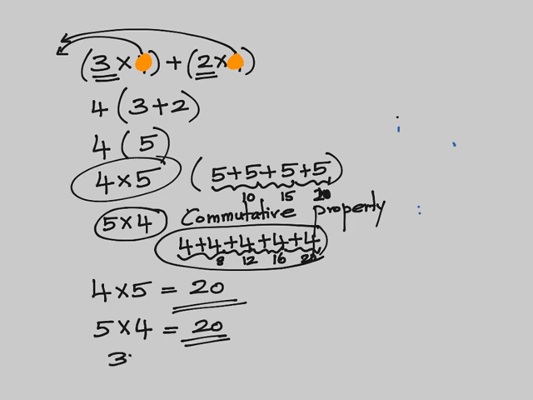So the answer can be written as 3 times 4 inside the parentheses plus 2 times 4, close the parenthesis, equals 5 times 4. When the original rows of flowers are added to the new rows of flowers, we get the total number of sunflowers that are in his garden.